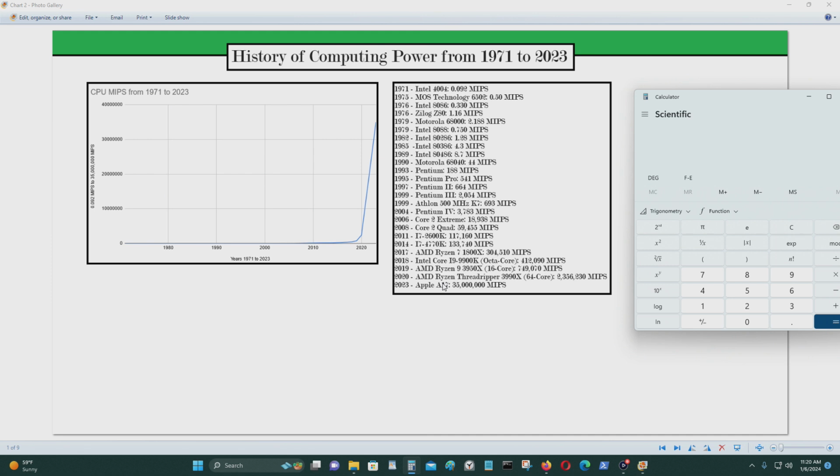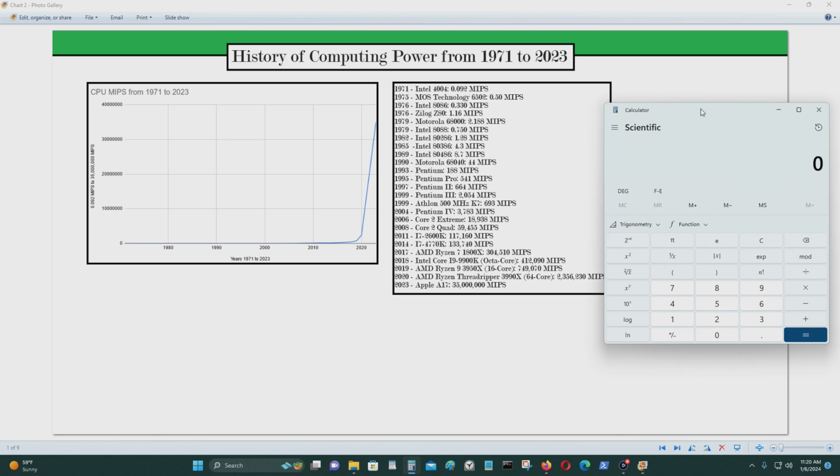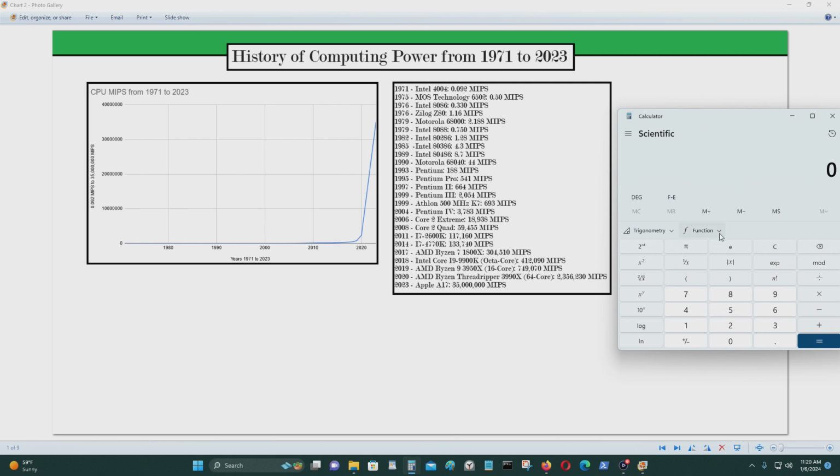And you have a Fujitsu computer from 1993, which was a supercomputer. This has much less power than an Apple A17. I think it was capable of about 120 gigaflops, and this is capable of maybe 1,300 gigaflops. So it is definitely less powerful.